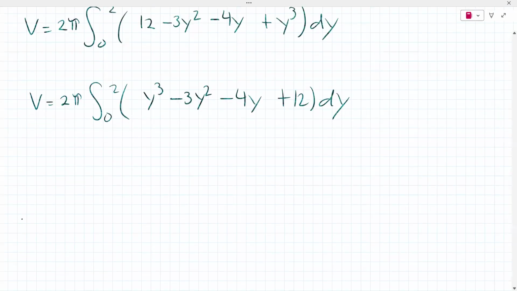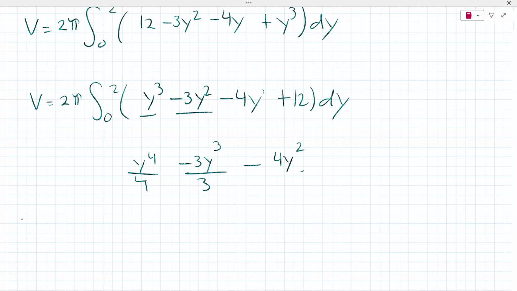Okay. So take the integration of each term. So what's the integral of y cubed? That's y to the 4th over 4. What's the integration of negative 3y squared? That's negative 3y cubed over 3. What's the integration of negative 4y? Negative 4y squared over 2. What's the integration of 12?